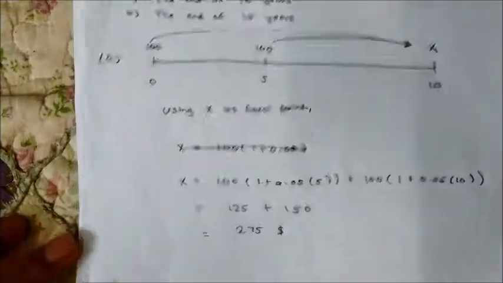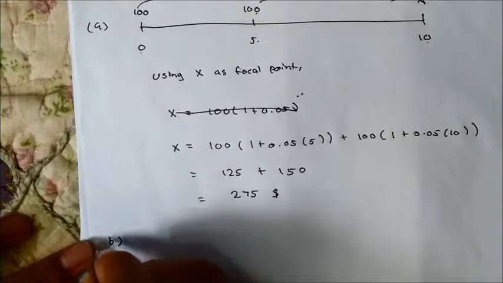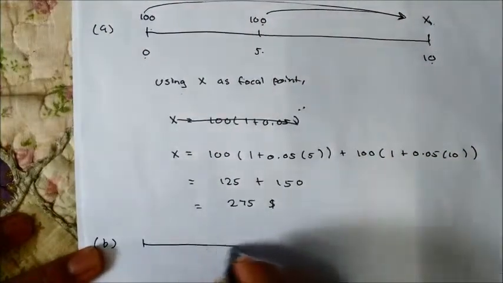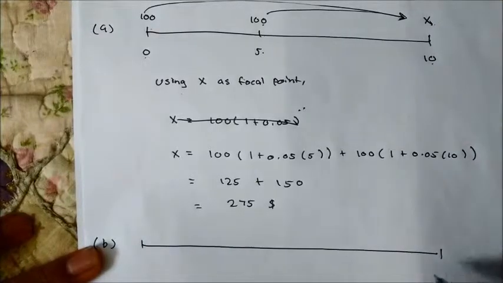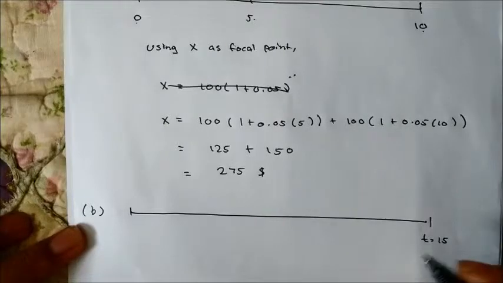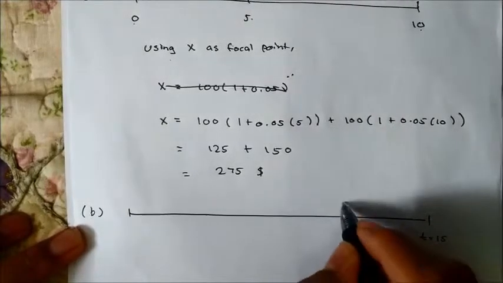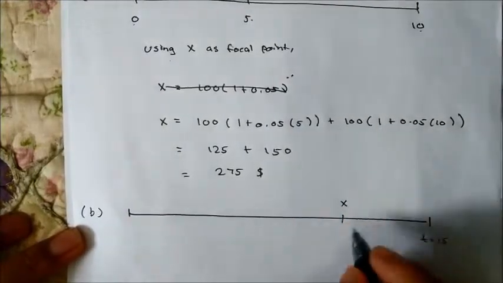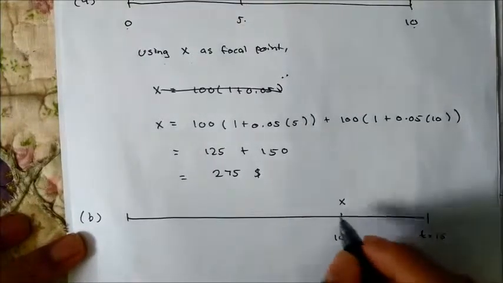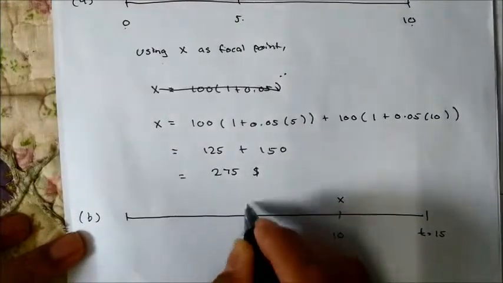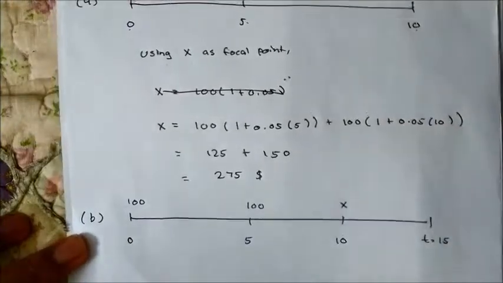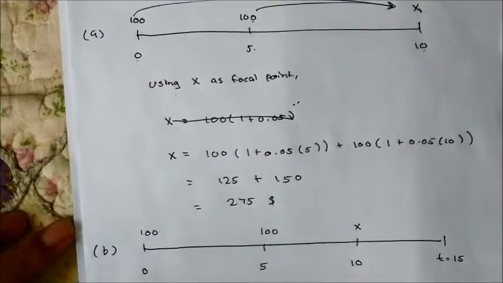Alright. For question B, the method is almost the same as method A, but we will extend our timeline diagram to T15 here. So our diagram is going to be the same as above, when at T10 equals x, T5 equals 100, and also T0 equals 100.